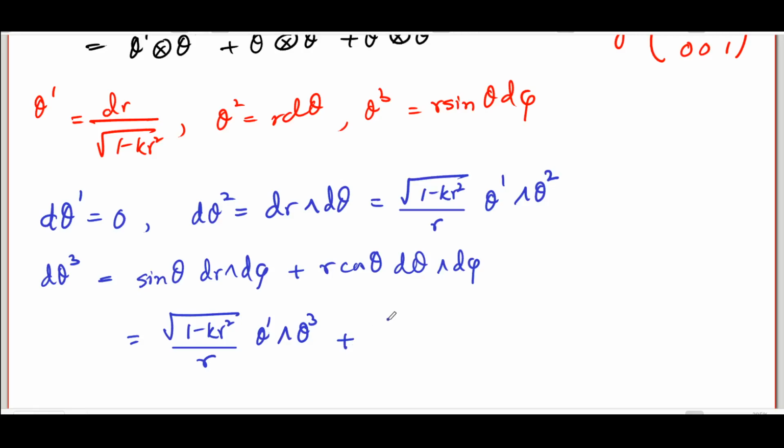Plus cotangent theta by r, theta 2 wedge theta 3. So all the gamma I jk's that you want, all the non-zero ones, can be read off directly from here.